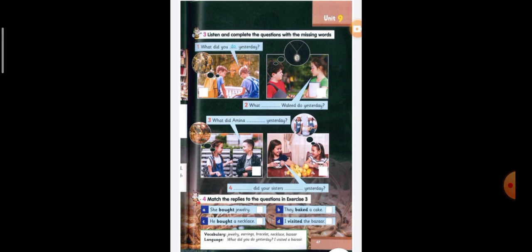Write the answers. Match the replies to the questions in exercise 3. Number 1, she bought jewelry. Picture number 3. B, she baked a cake. Picture number 4.